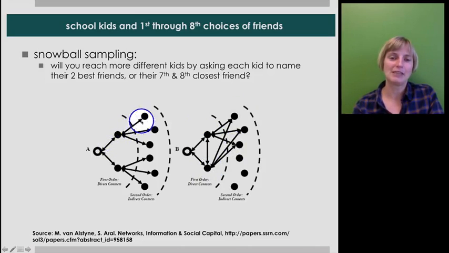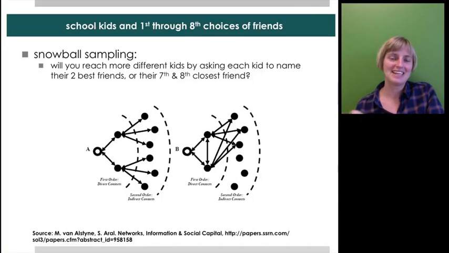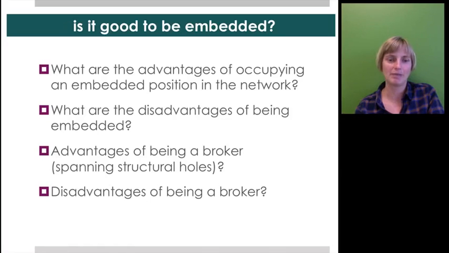But if I looked at my 7th or 8th friend and their 7th or 8th choice, I'm likely to move pretty far away. So there's this notion that it's not just the distance, but that the strength of the tie and the embeddedness of the tie matters as well.